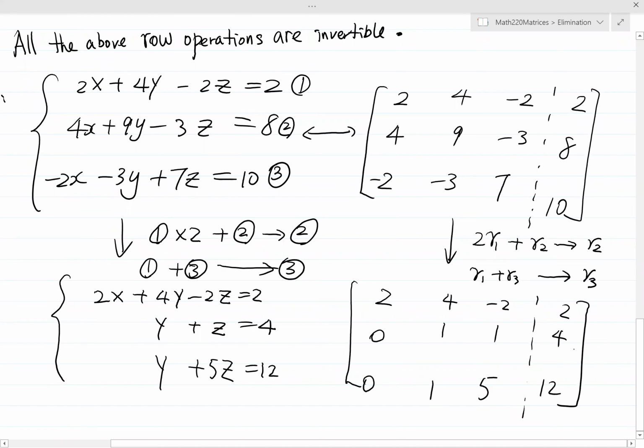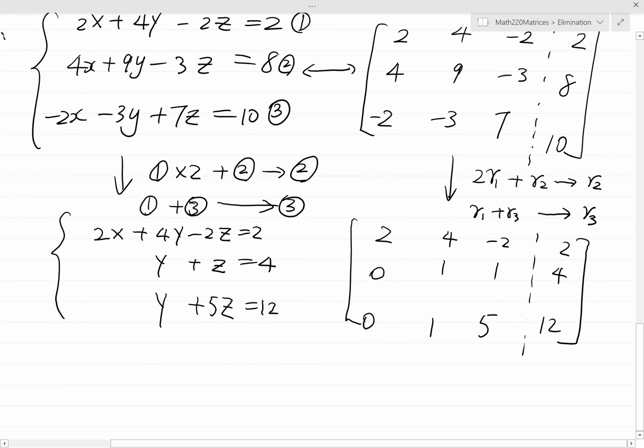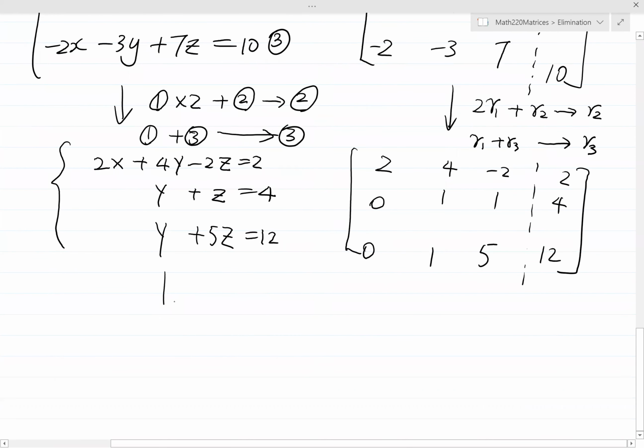Okay. Now do elimination again. Eliminate the y. So what we do is, let's use equations 4, 5, 6. Now what we do is, 4 keep fixed, and then 5, negative 5 plus 6, replace equation 6.